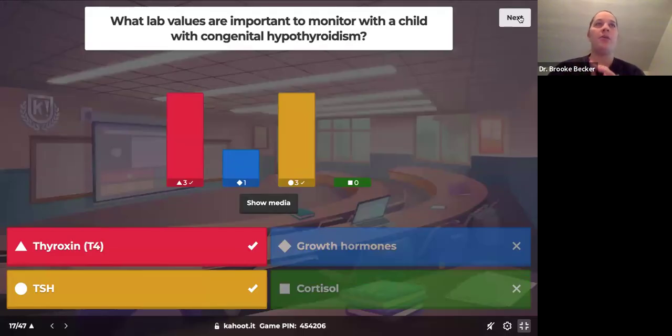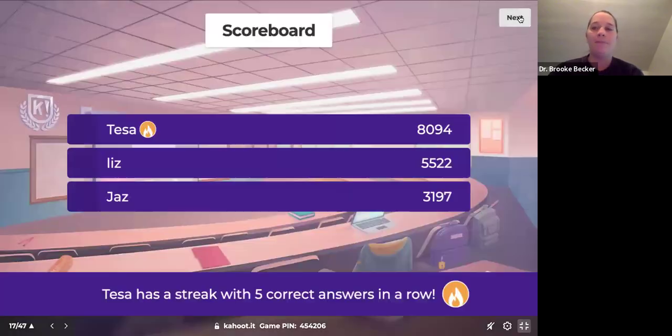Also, if T3 was in here, that would be important too. As far as hypothyroidism, for monitoring for that, you don't necessarily care about cortisol or your growth hormones, right? Because even if we give these kids growth hormones, if their TSH and their T4 and T3 aren't working like they should, they're not going to grow like they should. Okay. Good.